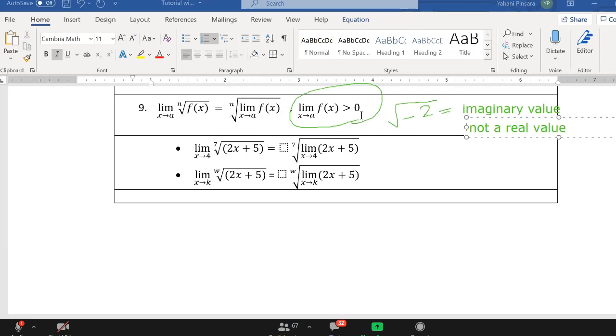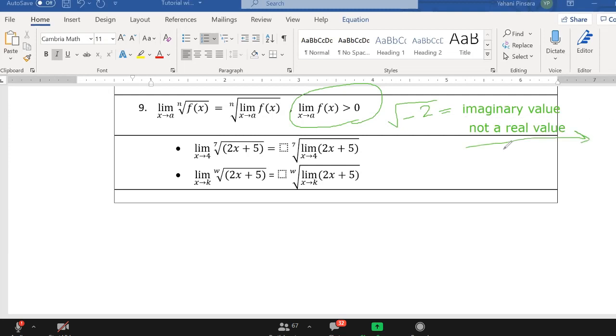That's why we have applied it. We are writing all these rules for the real values. Real values are the values that can be displayed on a number line.